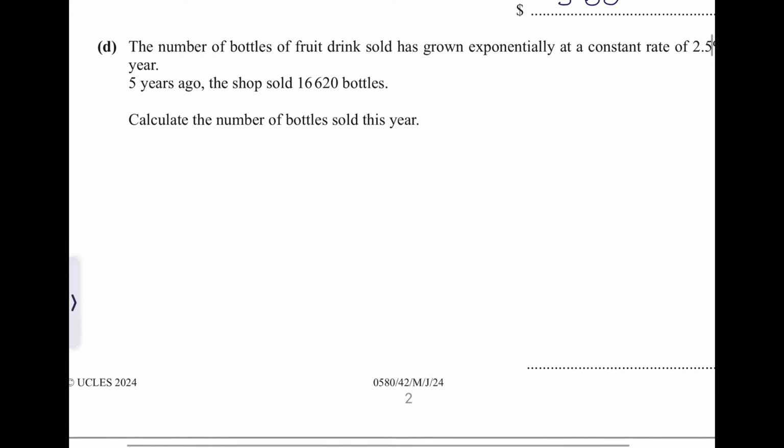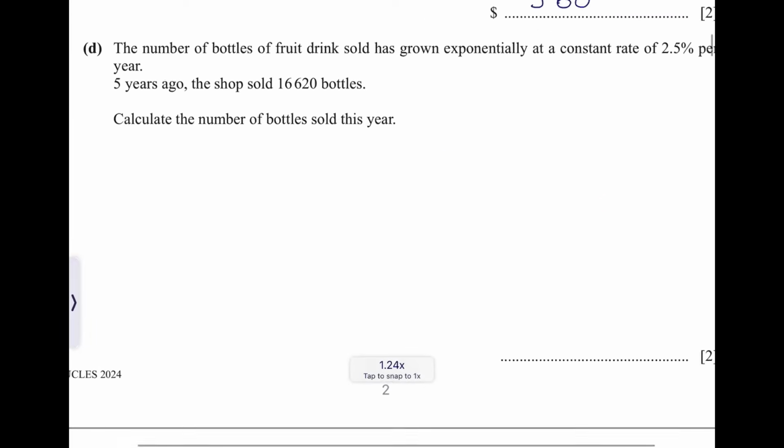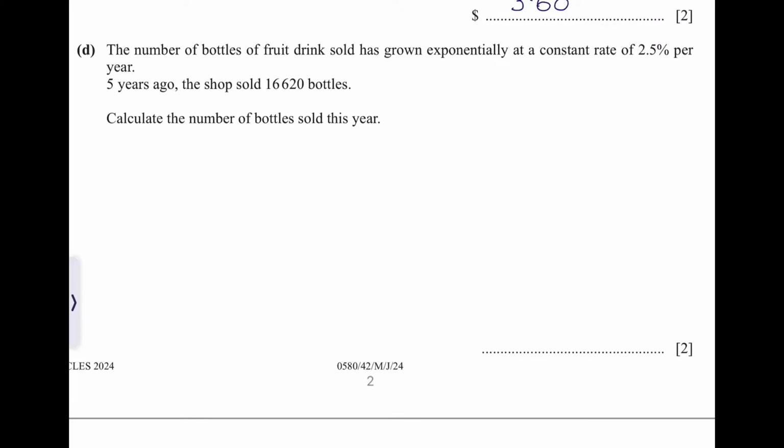Moving on, it says the number of bottles of fruit drink sold has grown exponentially at a constant rate of 2.5% per year. 5 years ago, the shop sold 16,620 bottles. Calculate the number of bottles sold this year. To calculate this, you would take the initial number of bottles, which is 16,620, times 1 plus 2.5 over 100, raised to the power 5 because that was 5 years ago.